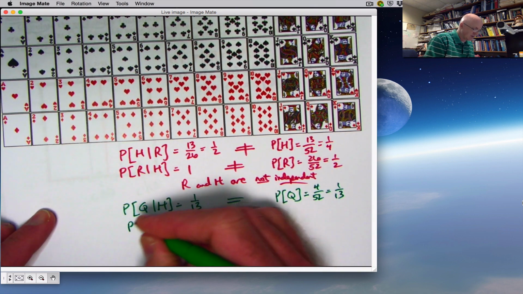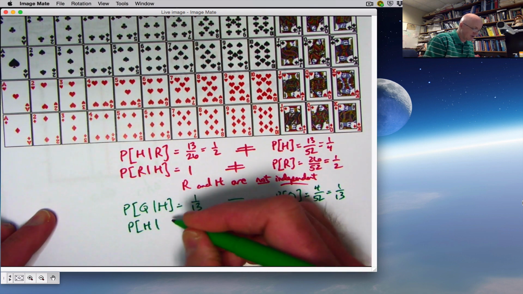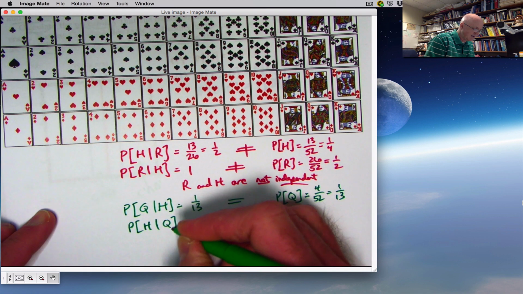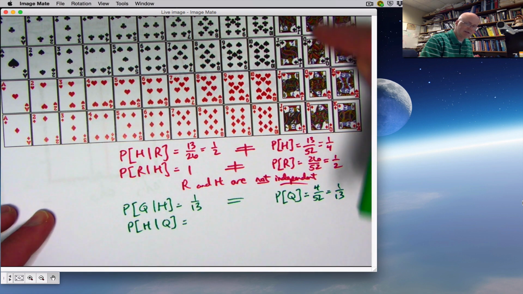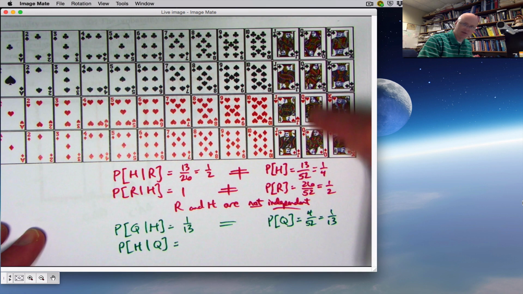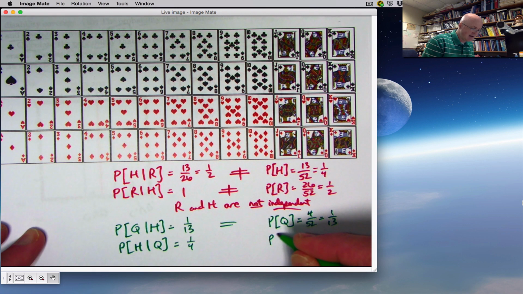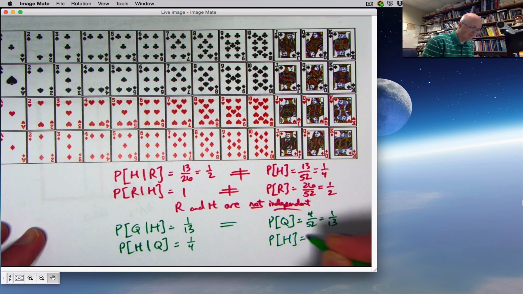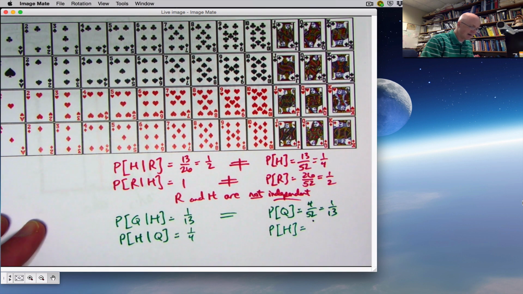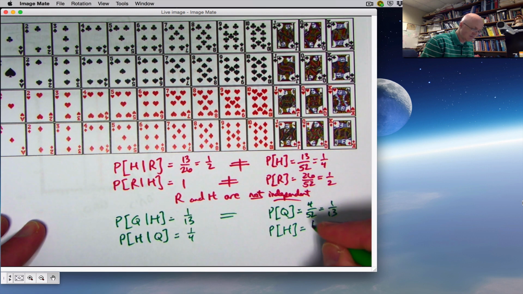And it works if you switch them around. The conditional probability of being a heart when you know it's a queen, you're looking at these 4 queens, you've reduced the sample space to just these 4 queens, but only one of them is a heart. This is 1/4. And the unconditional probability of being a heart is 13 out of 52. That's also 1/4.